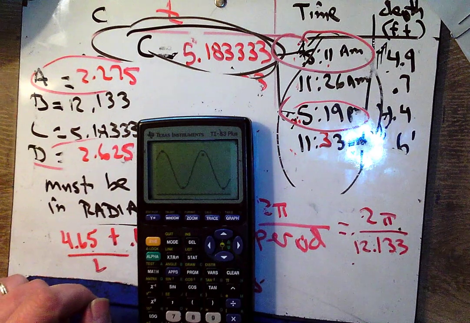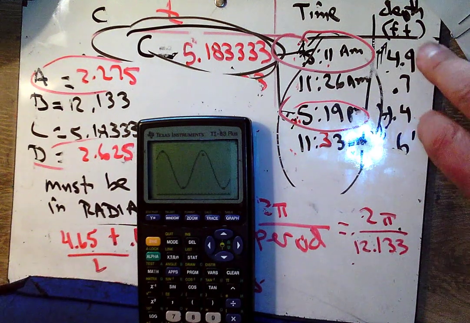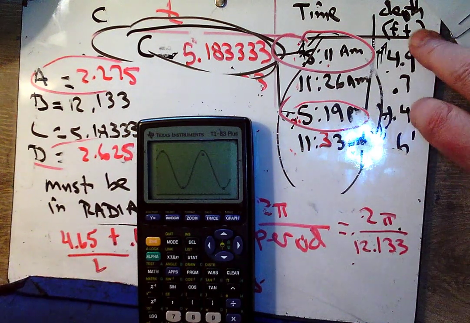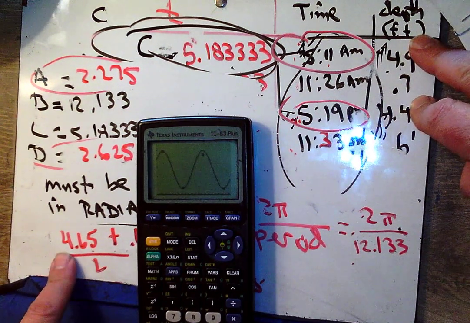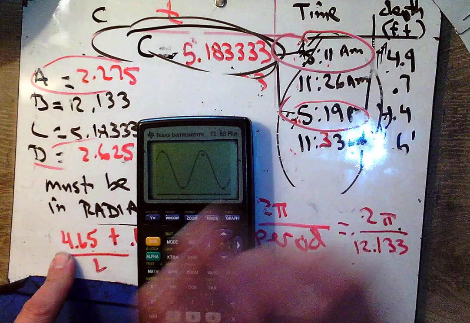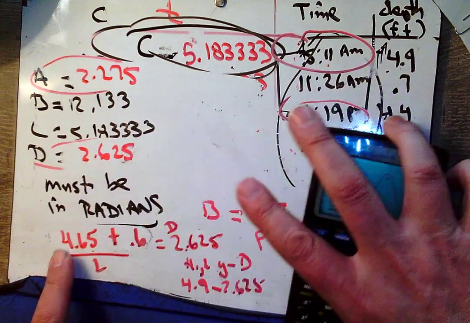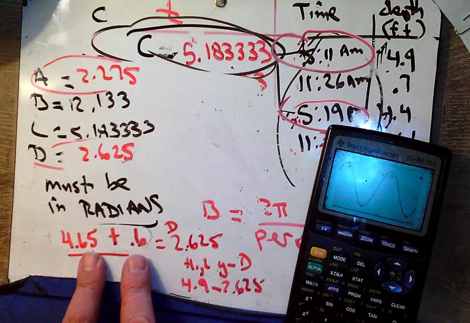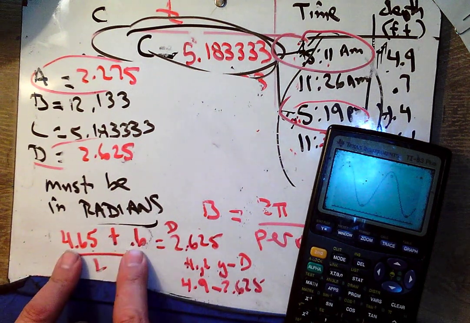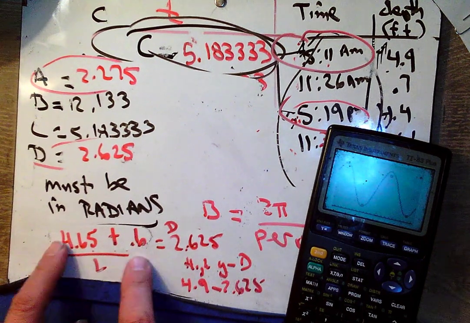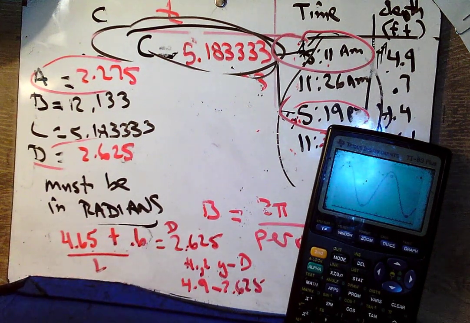We took the average of the high Y values, and that gave us that 4.65. And we said, okay, our D lives halfway between that 4.65 and that 0.6. If we want the average of that high Y value and that low Y value, we need to add those numbers together and divide by 2. So I end up with 5.25.